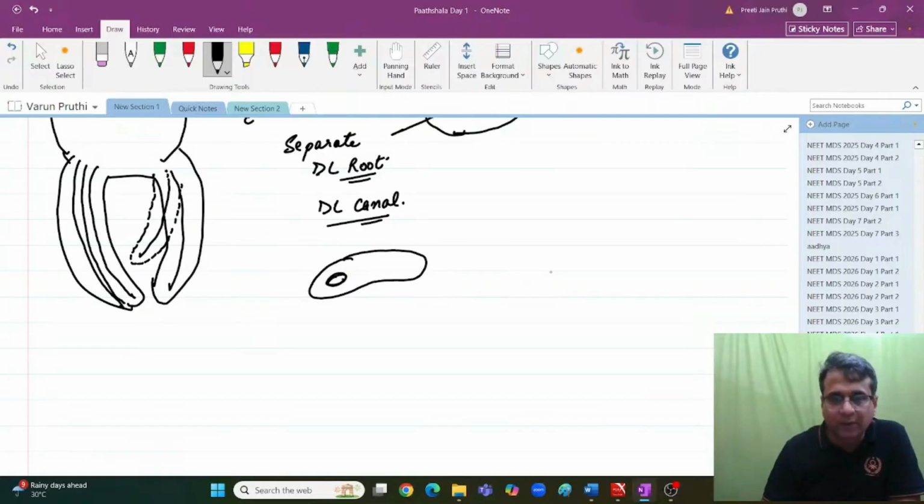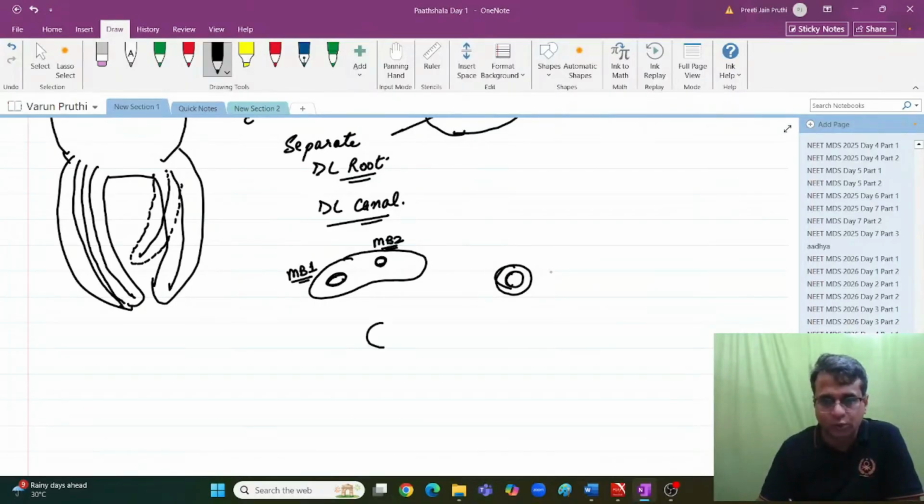So this is mesiobuccal 1, and over here there will be mesiobuccal 2. So this is MB1 and this will be MB2. Remember students, over here there will be a palatal canal, a big palatal canal, and in the cross section there will be a distal canal.